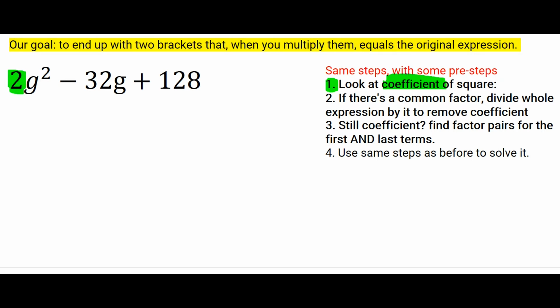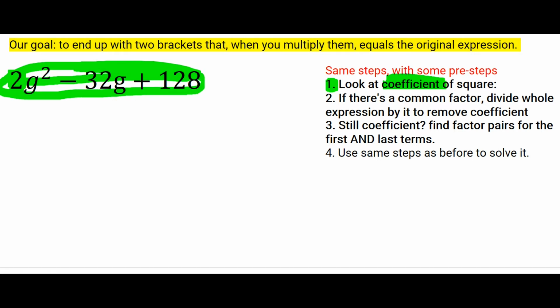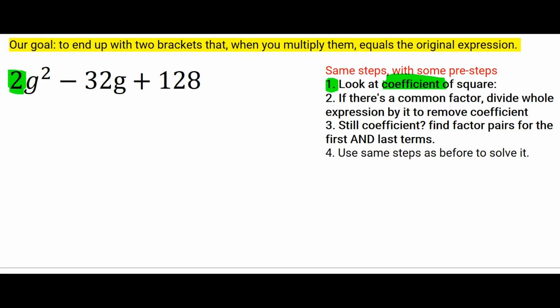Next, if there's a common factor, and if 2 is that common factor, you're going to divide the whole expression by it to remove the 2 from the coefficient of g squared. Now, to do that, simply divide each and every single term by that 2.